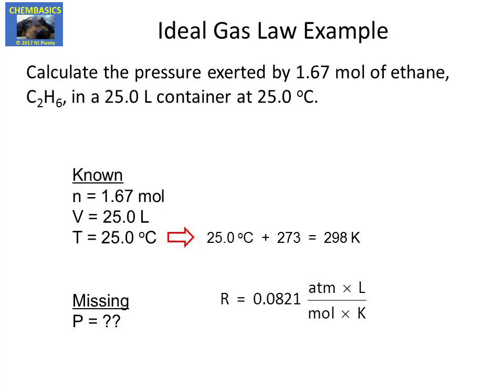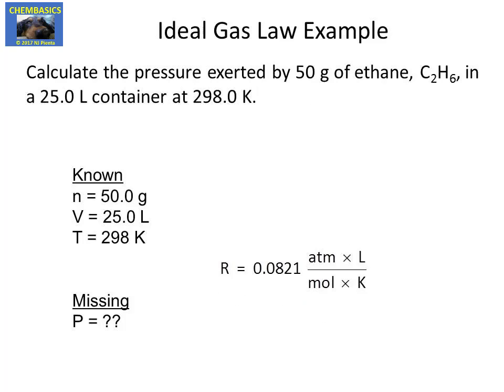It turns out that this question is identical to the one that we already solved, for the values 1.67, 25 liters, and 298 K. So this example just pointed out that independent of what the units of temperature are, we can convert them into a unit that's useful with the particular proportionality constant that we're using for R.